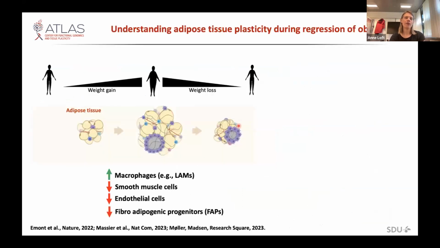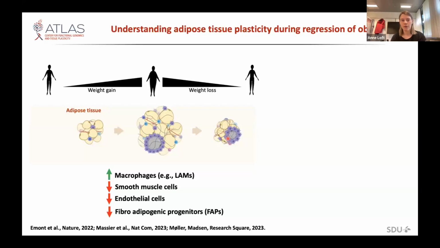So in humans, there have also been some recent studies using single nucleus sequencing technologies to study what happens in the adipose tissue as obesity arises. And many of the same changes that are seen in mice are also seen in humans.